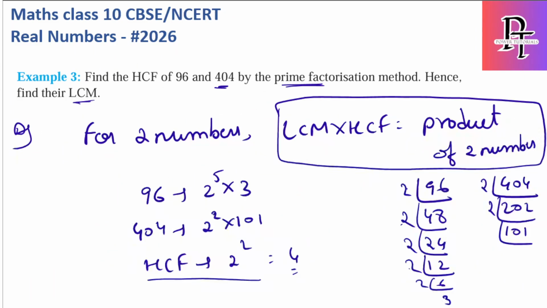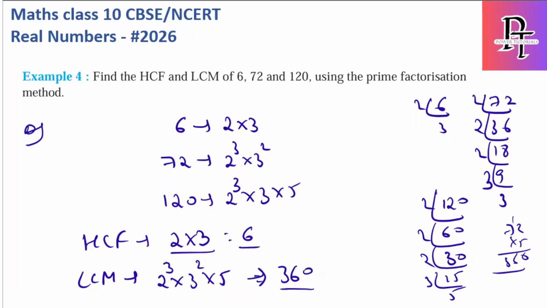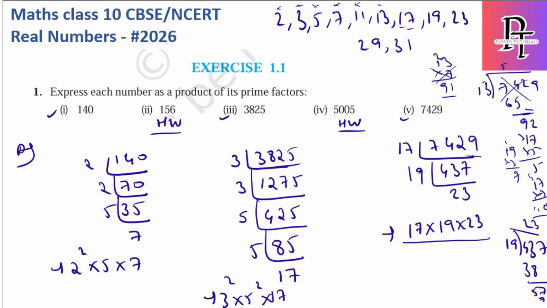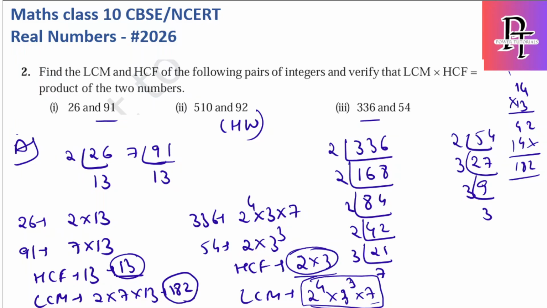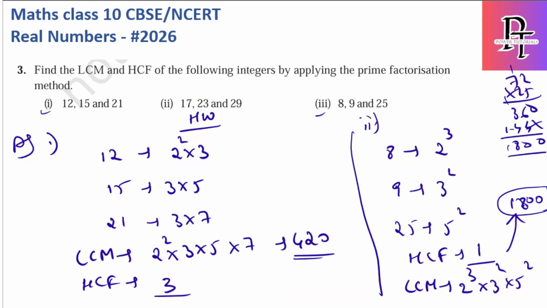For this exercise we have very few homework questions: for the first question I have one, second and fourth, and for the second question the second, and for the third question the second. These questions for LCM and HCF I will solve using the prime factorization method as well as the Euclid division for HCF and the division method for LCM in the live session. Okay, so hope I will meet everyone there.